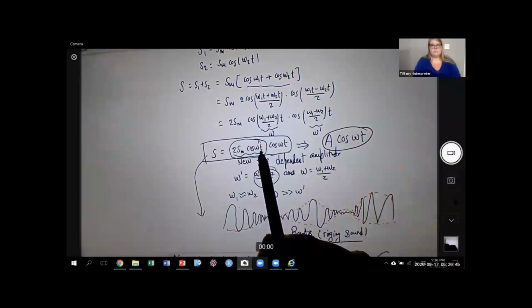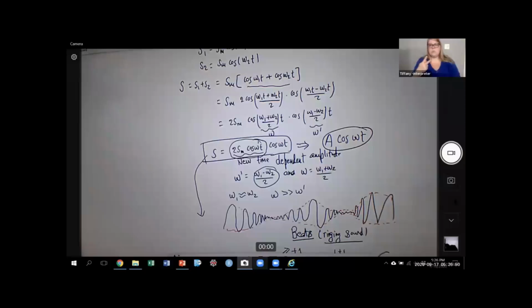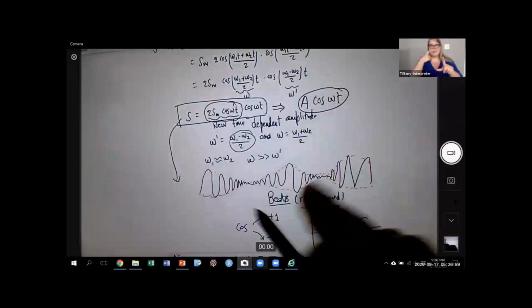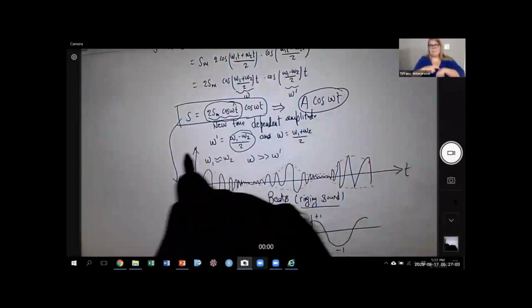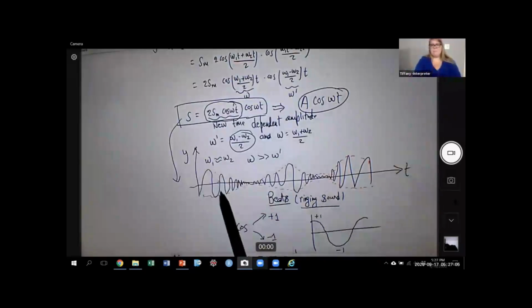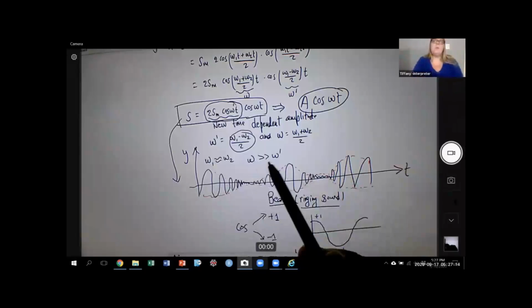The value of cos goes from positive to negative, and it depends on time. So that's what we see, because this is a time axis, time versus y, and its amplitude depends on time. But the frequency of the actual sound is much, much greater than the frequency of this envelope.